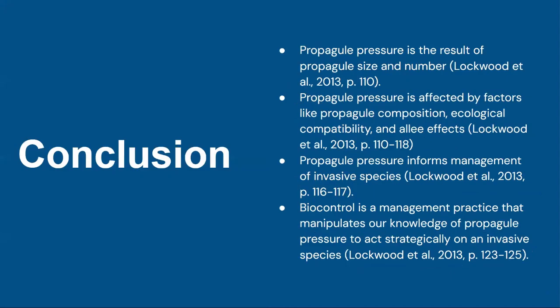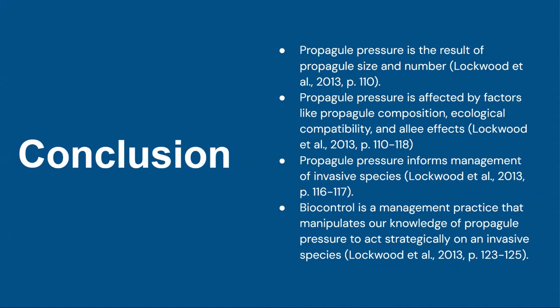In conclusion, propagule pressure is the result of propagule size and number. Propagule pressure is affected by factors like propagule composition, ecological compatibility, and Allee effects, which alter the establishment success of a propagule. Propagule pressure informs management of invasive species by helping us understand the potential impact of a non-native species on a native environment.